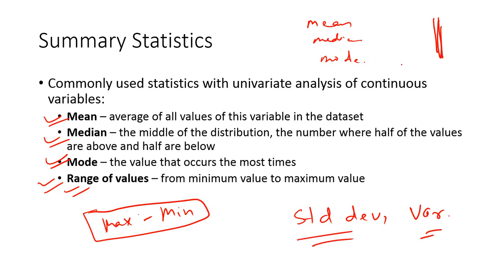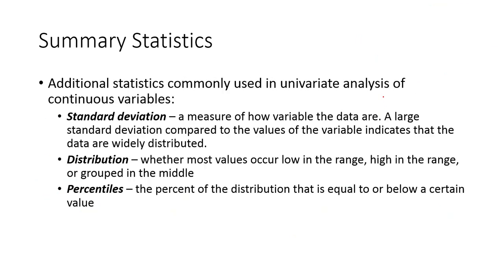These things will give you an idea of how well the data is distributed. Data could be distributed this way, data could be distributed in this way as well. So the distribution of the data is given by standard deviation, variance, skewness, kurtosis, whereas where the data is centered is given by mean, median.